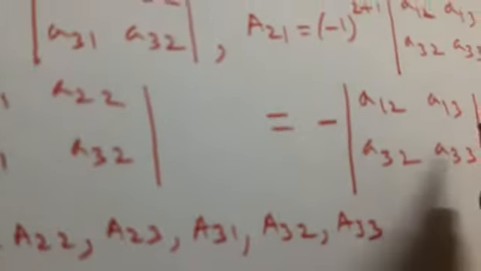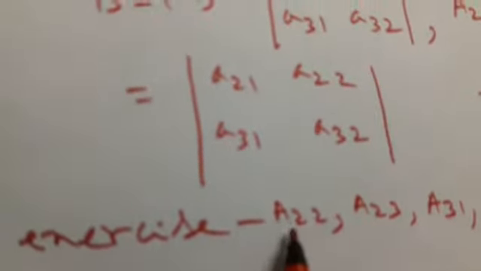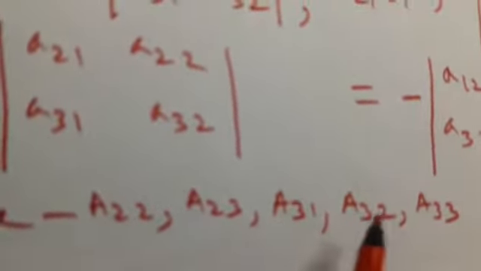Similarly, removing the row and column, the remaining elements will be A12, A13, A32 and A33. In this way we calculate all the cofactors. The remaining ones, A22, A23, A31, A32 and A33, are left as an exercise.